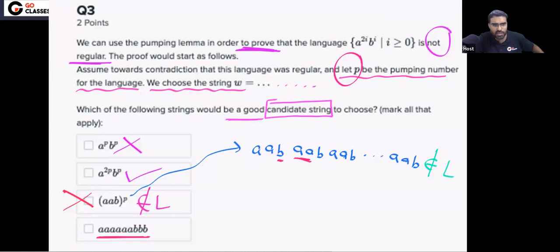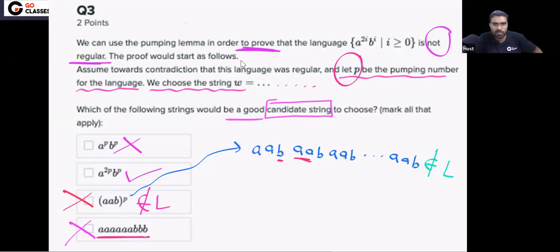What about this string? Will it help you? This string will also not help you, because maybe P is 1000. We don't know what P is. P is random.